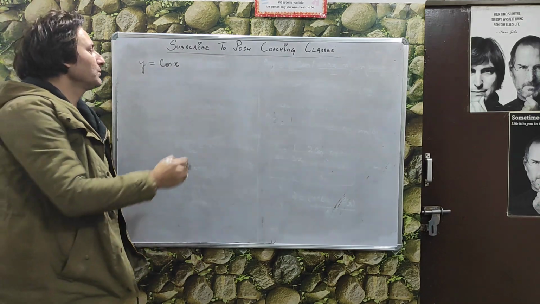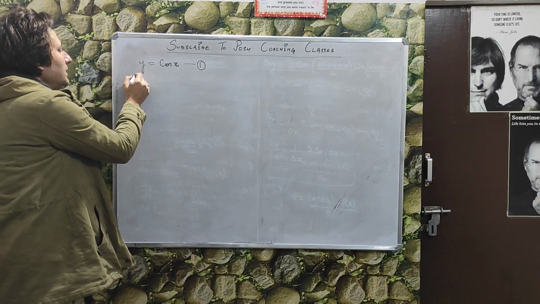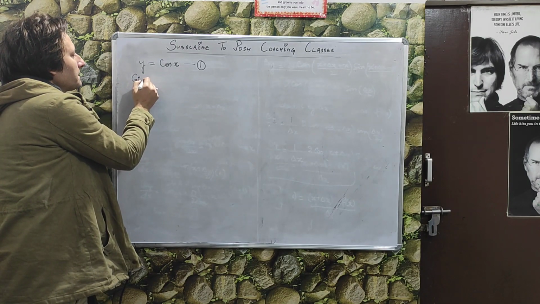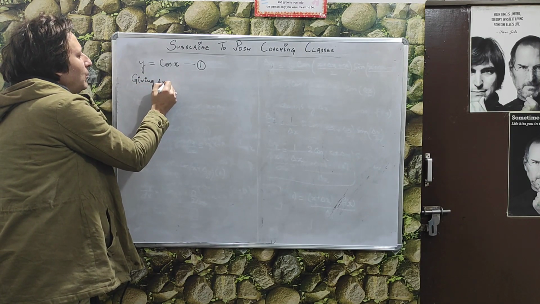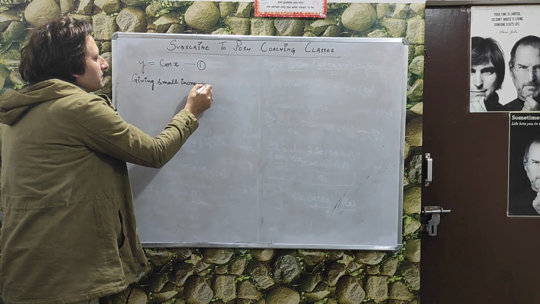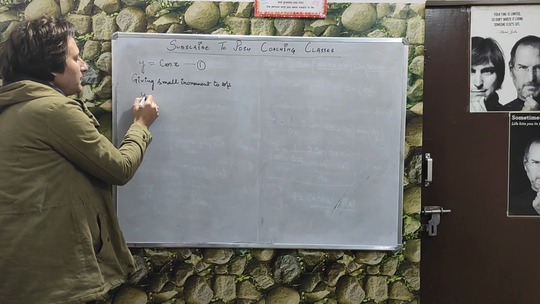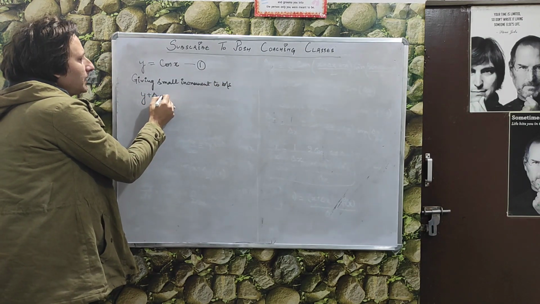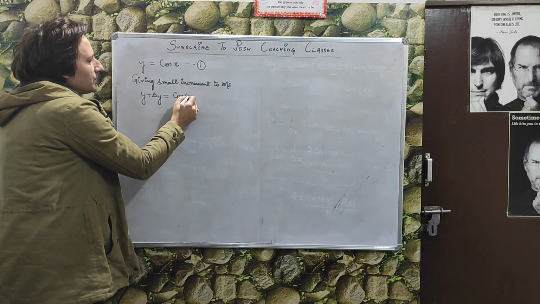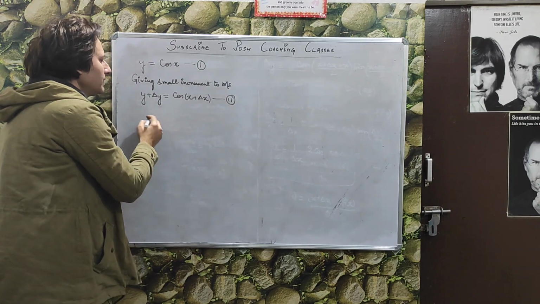So by now you must remember this is our first equation, giving small increment to both sides. Y plus delta y is equal to cos of x plus delta x. This is our second.